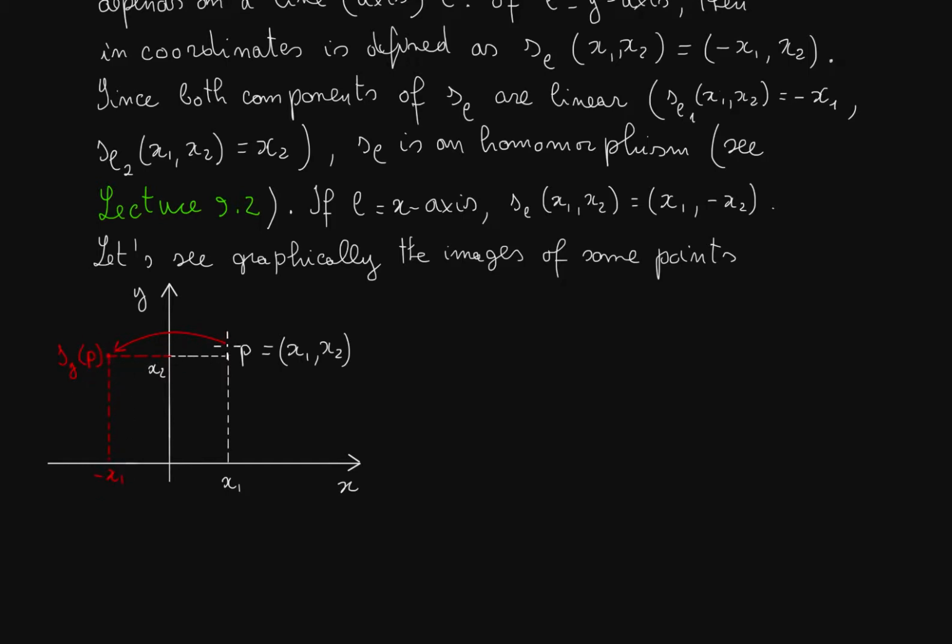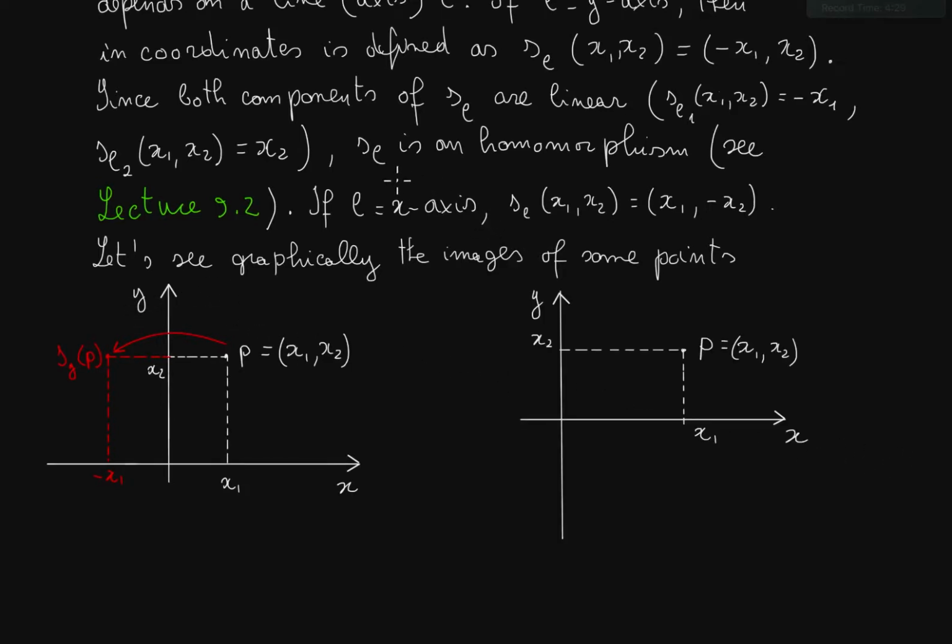And this is its image for any point in the plane. If we start from a point here on the left-hand side of the plane, they will be sent the other way around, so from the negative part of the x-axis to the positive part of the x-axis.